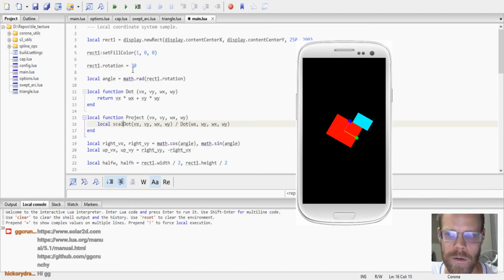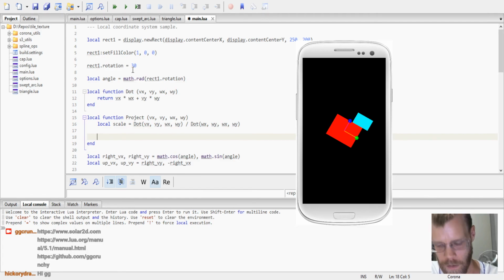Let's see, scale. And last of all, we'll scale our w vector.